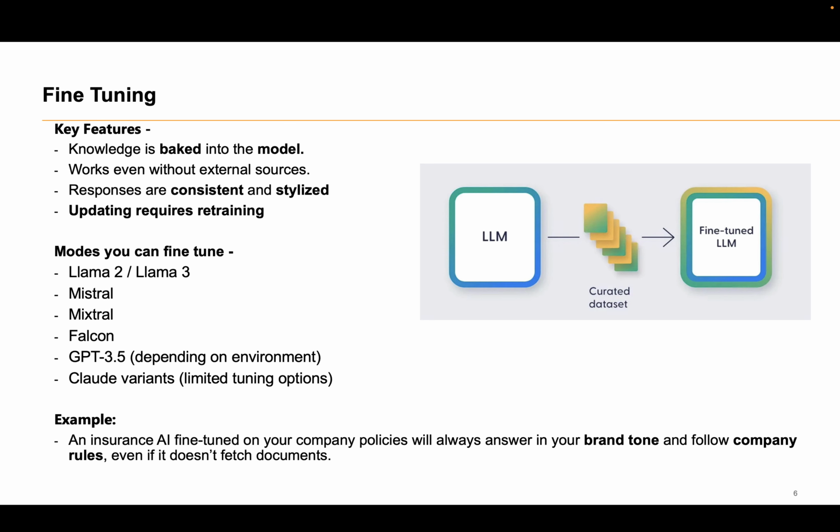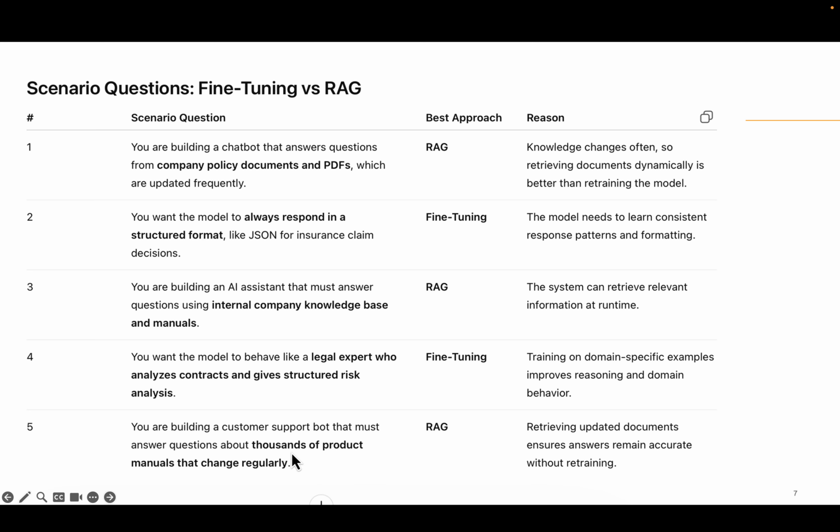You can fine tune a few models, like we have shown here: Llama 2, Mistral, Falcon, GPT 3.5, and some Claude variants. One example: an insurance AI fine tuned on your company policies will always answer in your brand tone and follow company rules, even if it doesn't fetch any documents. This slide is very important, so let's go through some scenario questions on when to use RAG and when to use fine tuning.